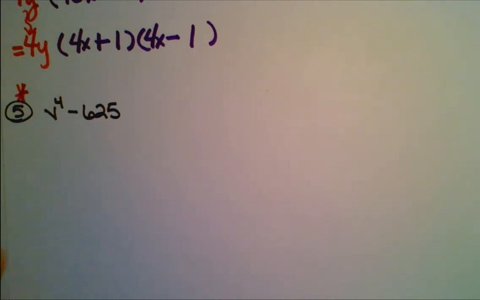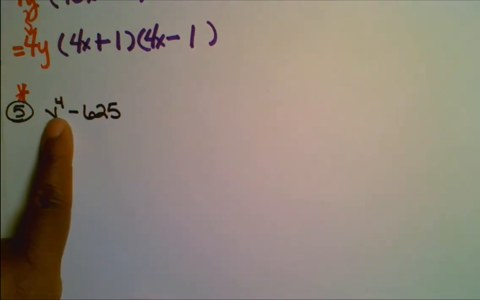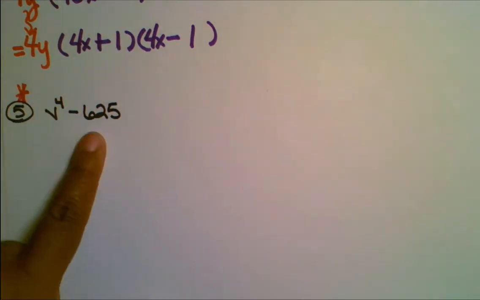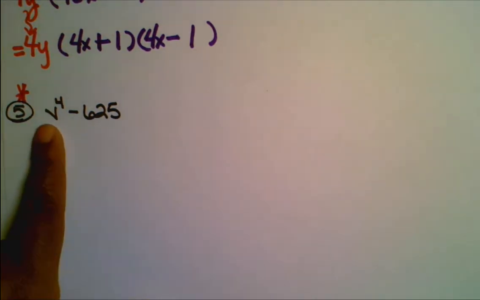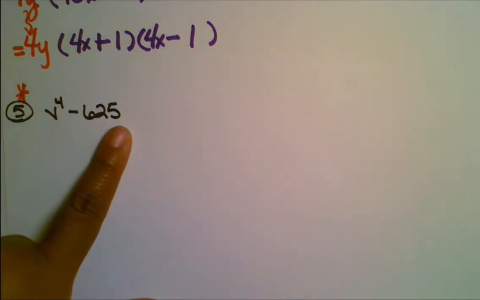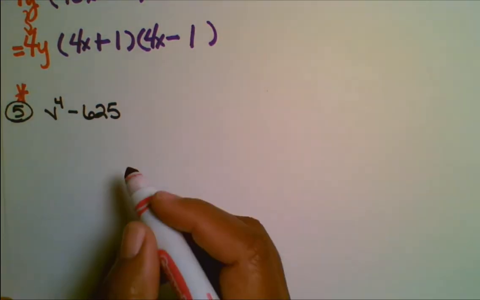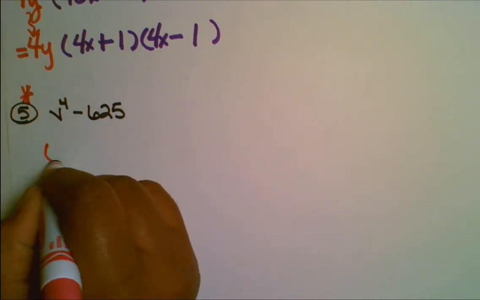So because this exponent of 4 is a multiple of 2, we can factor this binomial because we can find two identical factors that would give you v to the fourth, and we can find two identical factors that would give us 625. So let's set up the template.